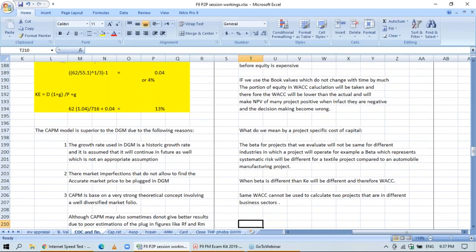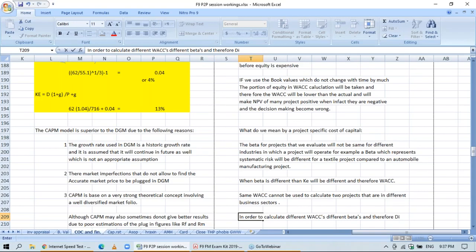So in order to calculate different WACCs, different betas, and therefore different costs of equity will have to be calculated, right?